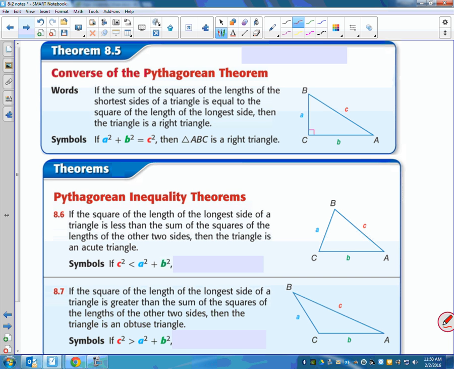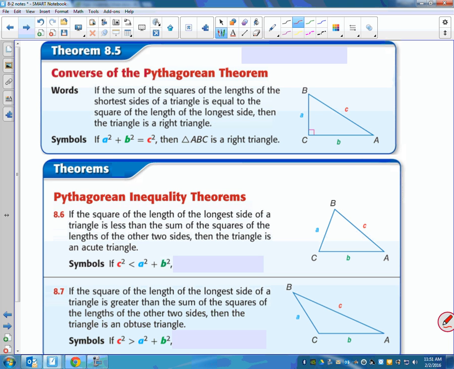But what's also cool about that is you can use that to determine whether the triangle is acute or obtuse without actually drawing the triangle. So, these other two theorems, I feel like they should be corollaries to theorem 8.5, but they're their own theorems. It says if you take the longest side of the triangle and you square it, and if it's less than when you add the two legs, right? If it's equal, it's right.